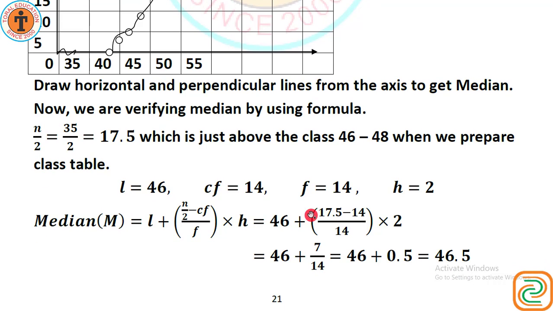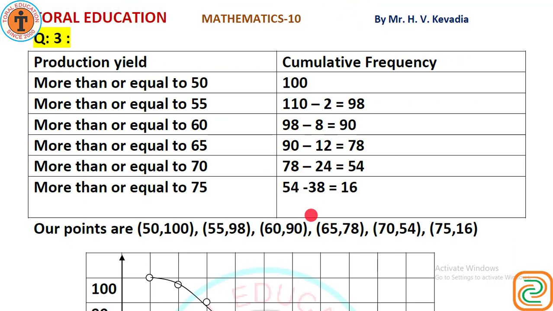Question number 3. The following table gives production yield per hectare of wheat of 100 farmers of a village. Change the distribution to a more than type distribution and draw its ogive. We will have to change it to more than type.